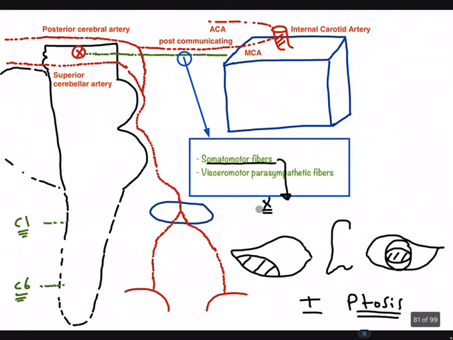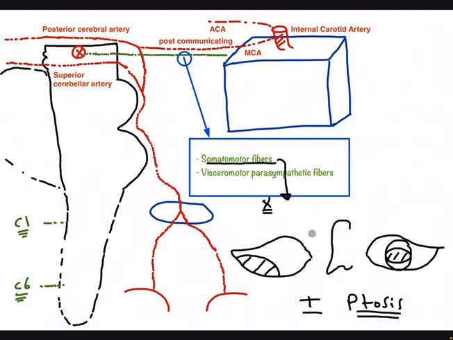As we just mentioned, the somatomotor fibers innervate most of the extraocular muscles. So if the somatomotor fibers are not working, most of the extraocular muscles will be paralyzed, and as a complication, the affected eye, this is the normal eye and this is the affected eye, will look down and out with or without ptosis.